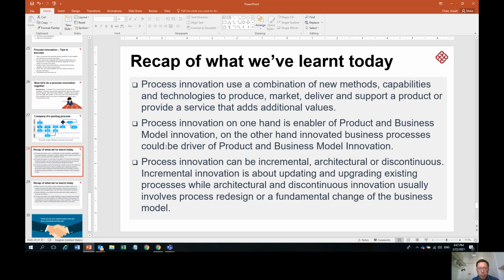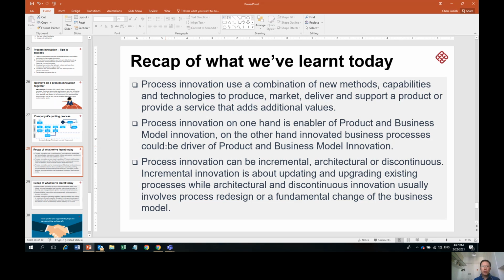So I think this now comes to the end of the sections. Here I just want to recap what we have learned today. Process innovation uses a combination of new methods, capabilities, and technologies to produce, market, deliver, and support a product or provide a service that has additional value. This is the definition of process innovation.